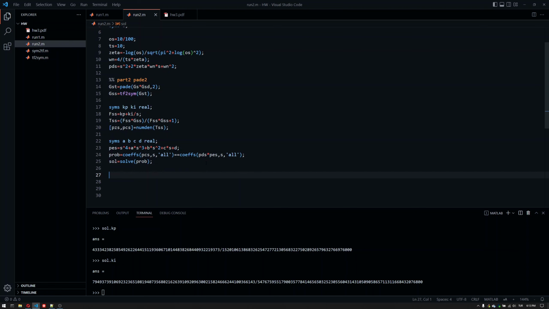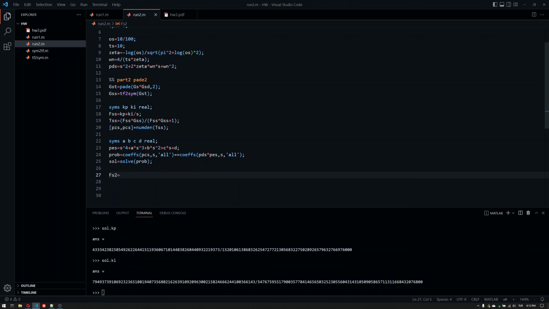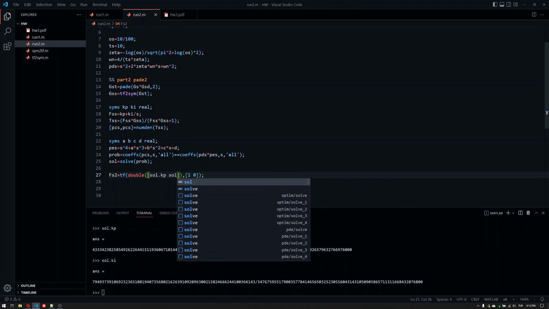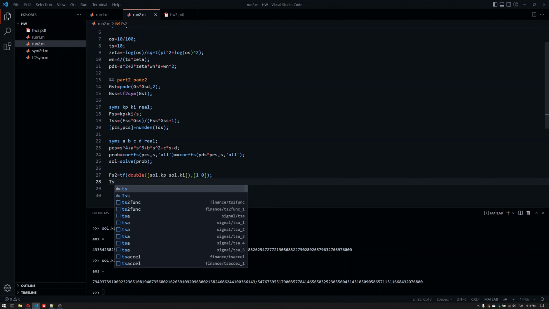So, since we have everything we want and we have not that many options, what we are going to do is define our controller here, the PI controller. So it would be, let's call this double, sol.kp, sol.ki.